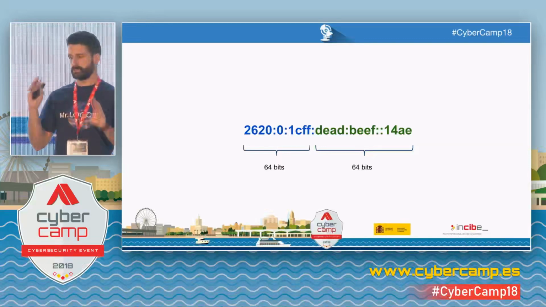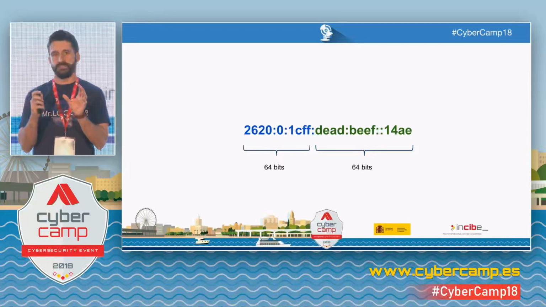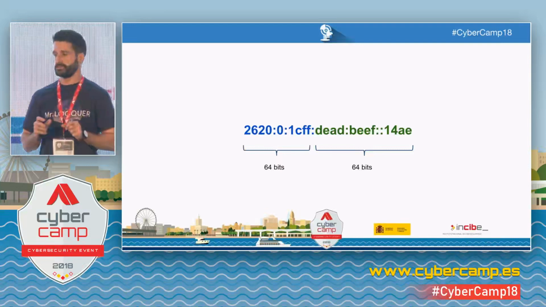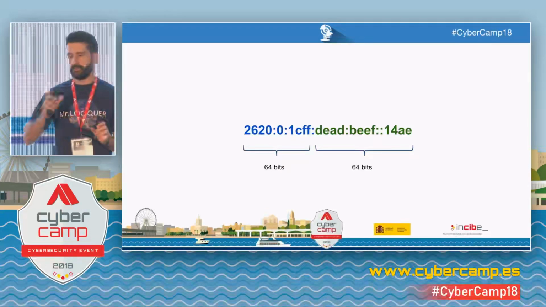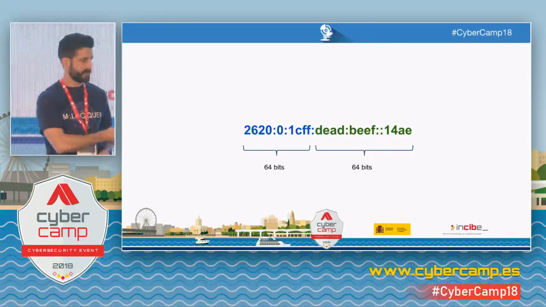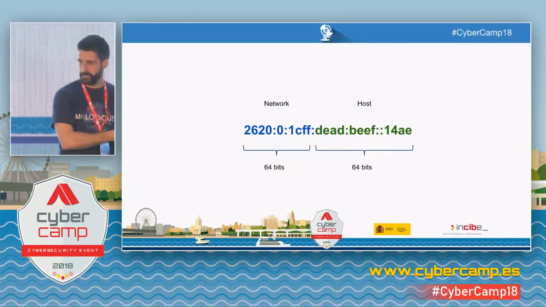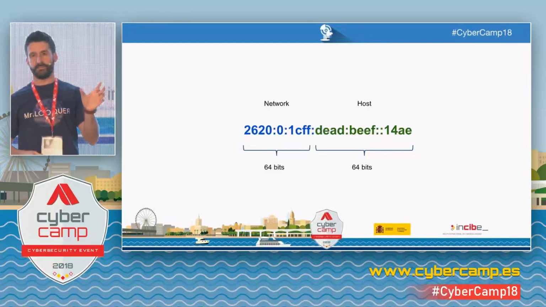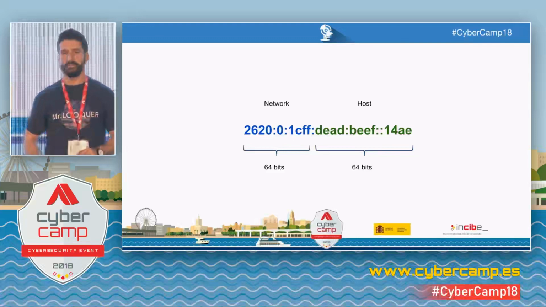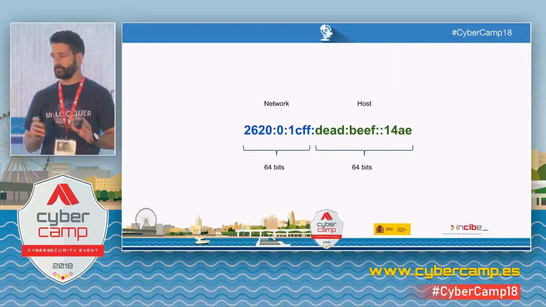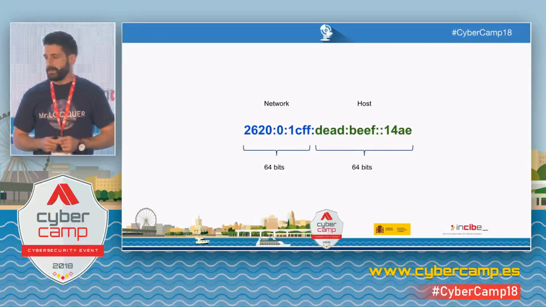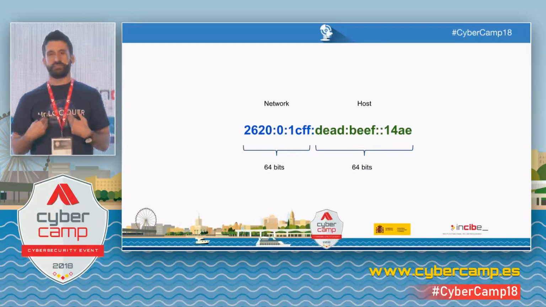So now I'd like you to focus on these 2 parts, the blue one and the green part. On the left we have blue, on the right we have green. What does that mean? The first part stands for the network address, and the second part stands for the host address.